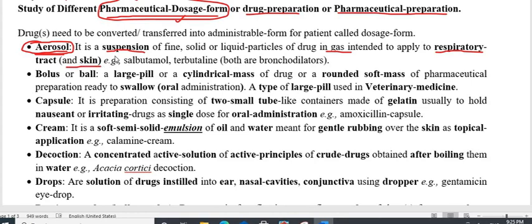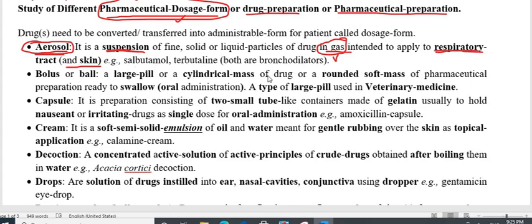So aerosol are suspension of fine or solid or liquid particle of drug in gas. So this is very, very important. In gas, in aerosol, the drug should be in gas form so that it should be easily administered by respiratory passage.